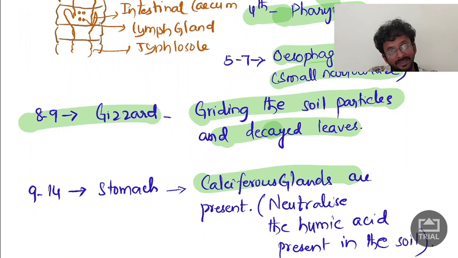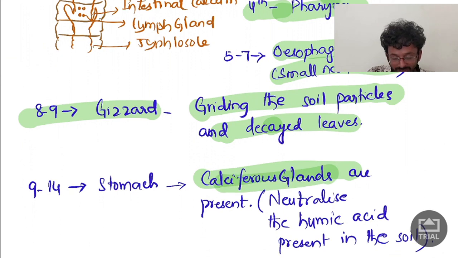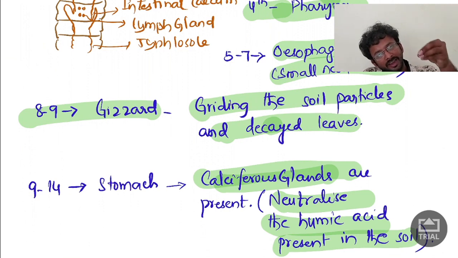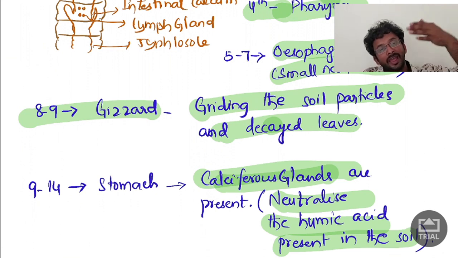Why? The stomach contains calciferous glands, which neutralize humic acid present in the soil, so that the decayed matter is converted into mineral salts, which go into the deeper parts of the soil, the topsoil and subsoil, every horizon of soil.